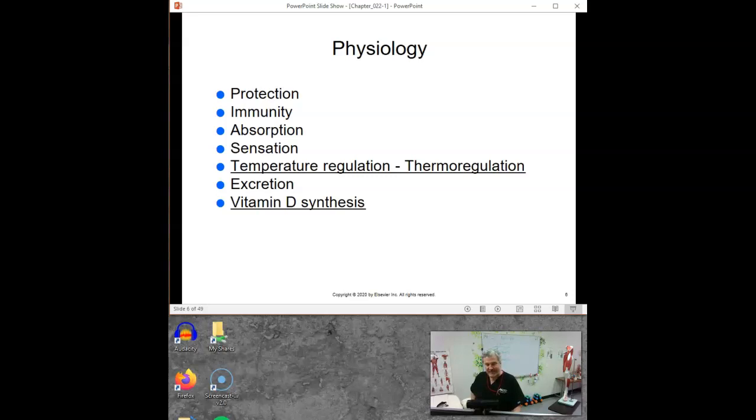And vitamin D synthesis. You actually make vitamin D. I realize you can get pills of vitamin D, but you actually make vitamin D, and you make it with the help of the sun. And it is probably the reason that some of us are light-skinned and some of us are dark-skinned.